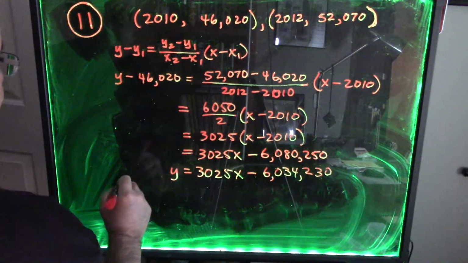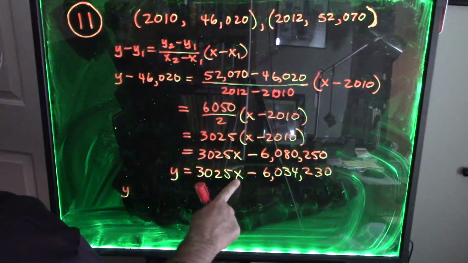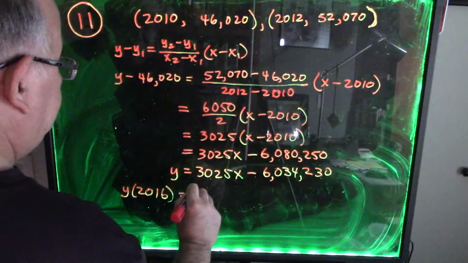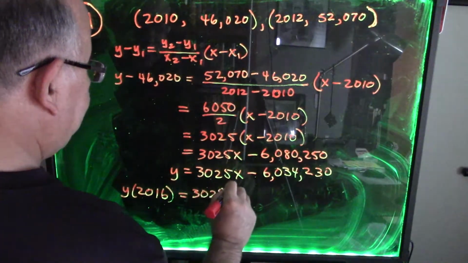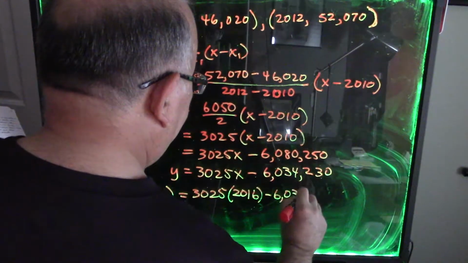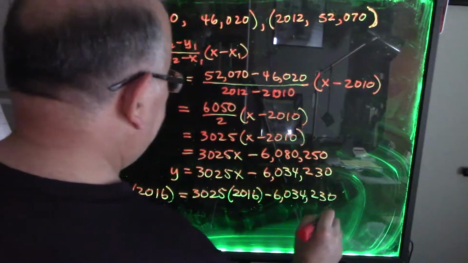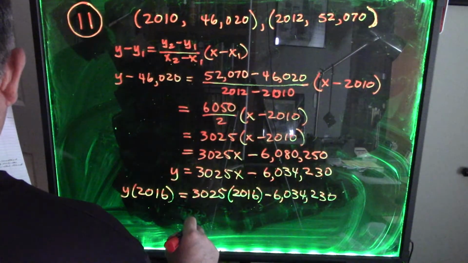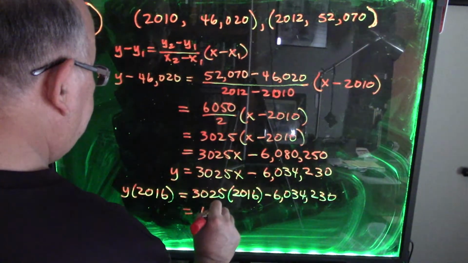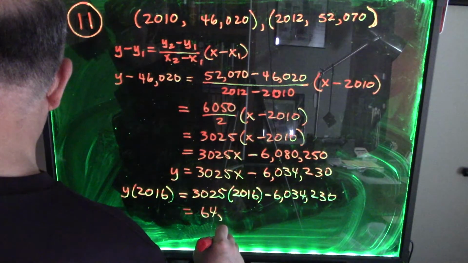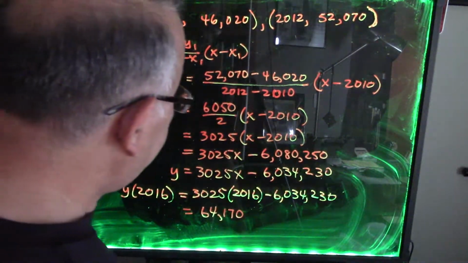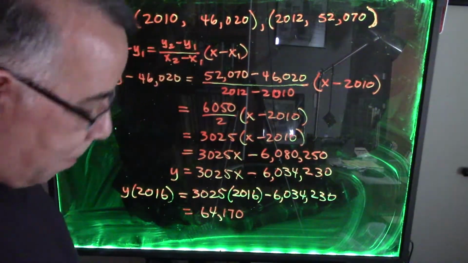Now the population in 2016, plug in 2016 right there. y of 2016 is what we want. 3025 times 2016 minus 6,034,230. Do the arithmetic, and you will get 64,170. All right. So there we go.